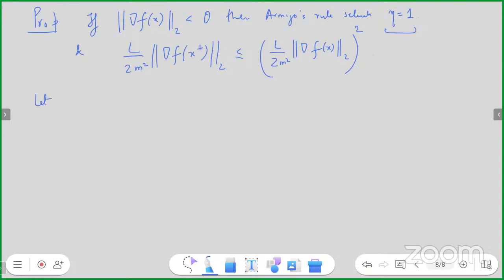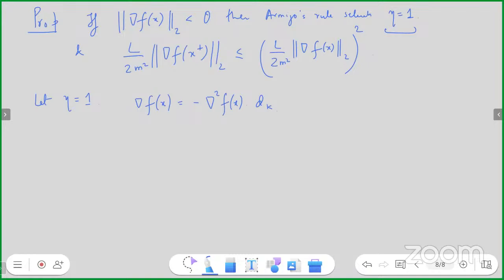So let eta equal 1 for the moment. We'll also prove that this happens to be true. Is this true for my algorithm? d_k was nothing but minus this inverse times del f(x), so I can always write this.